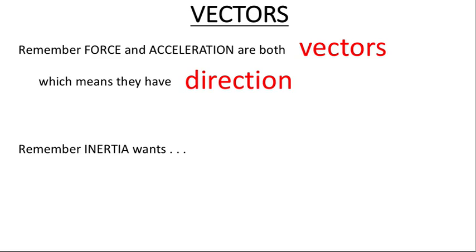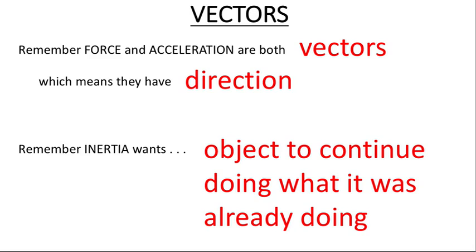In other words, we can draw force and acceleration using an arrow. You also need to remember that inertia wants the object to continue doing what it was already doing. You'll see some examples of how this influences the behavior of a moving object.